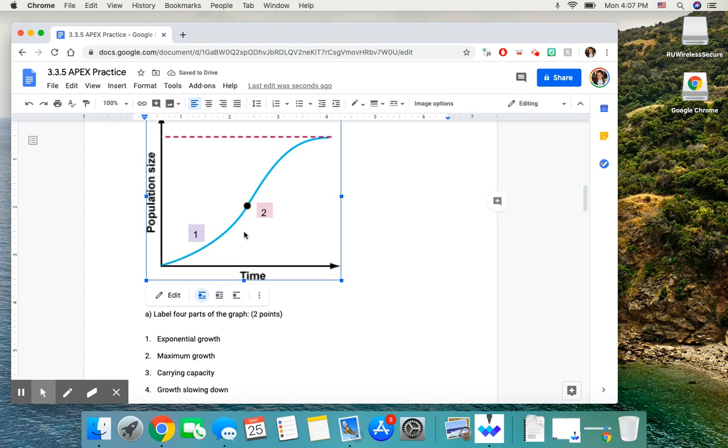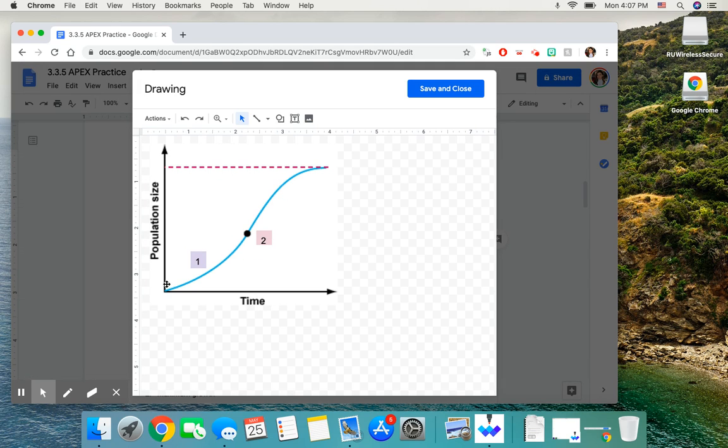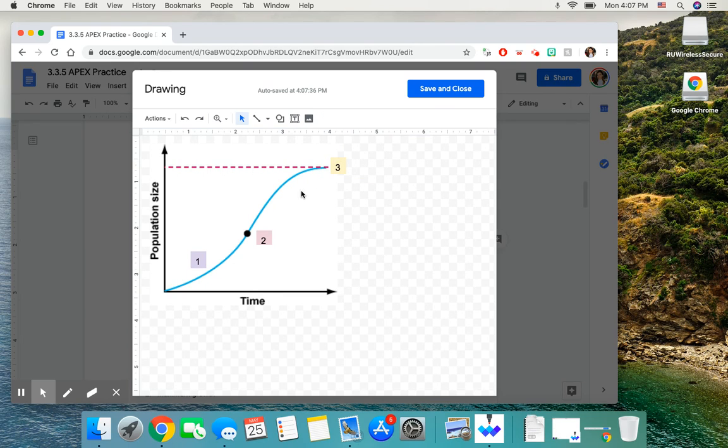Yep, carrying capacity. In any graph where it's comparing the population size and time or resources, that carrying capacity is always going to be this red dotted line. So we could put a number 3 right here. And then let's color that in another color. Easy. The last one is where the growth is beginning to decrease.